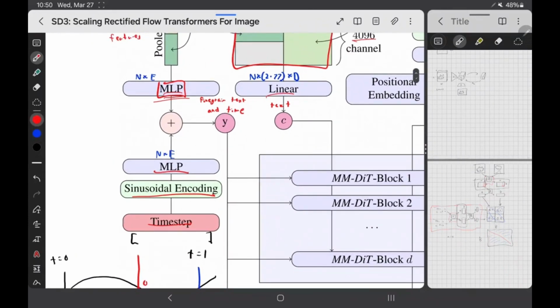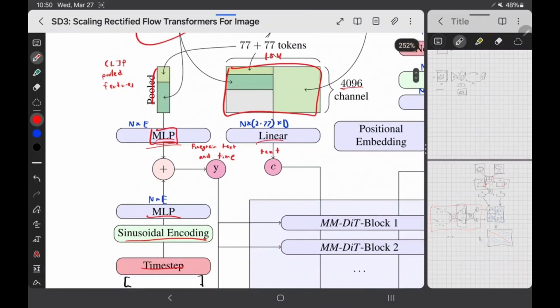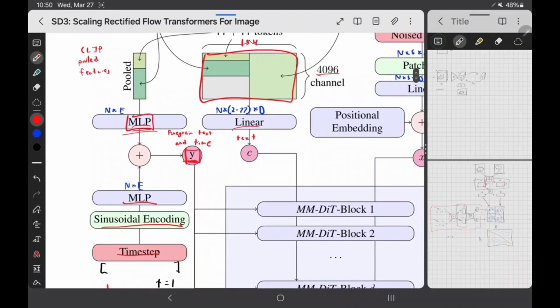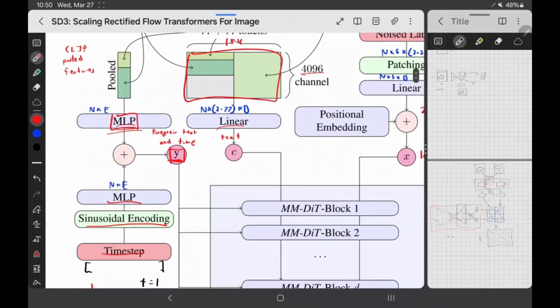And the funny thing is you just add this to your text information. So our y here is a vector representing text and time. This may seem weird, and it is weird. And they do this in Stable Diffusion XL. And I find it quite funny that you can just add these together.